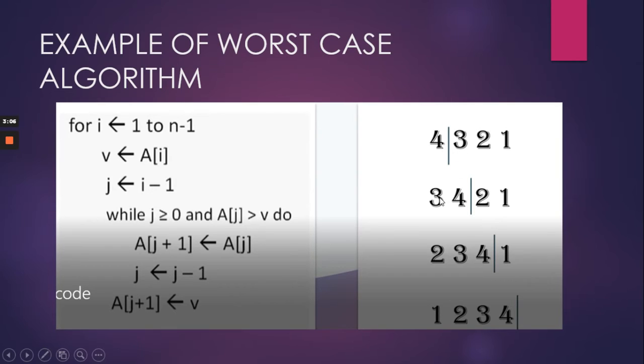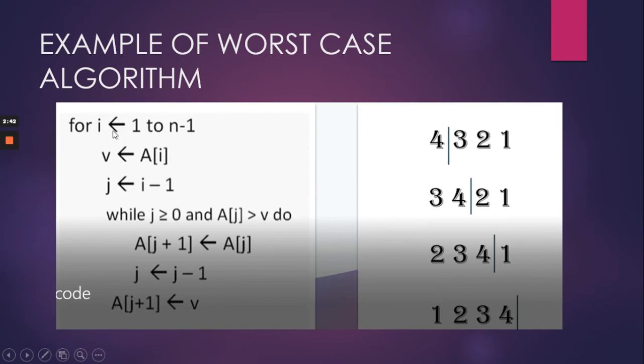So it will use while j greater than or equal to 0 and a[j] greater than v to compare all the numbers with other numbers to arrange the array in ascending order.